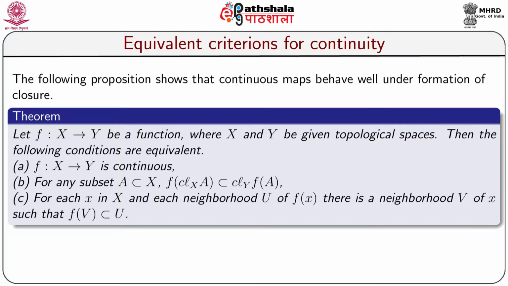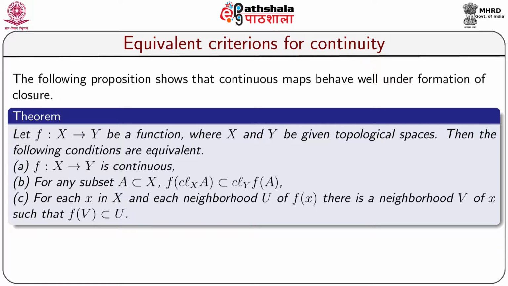Let us present some equivalent criteria for continuity. Theorem: let f from X to Y be a function where X and Y are given topological spaces, then the following conditions are equivalent. A: f from X to Y is continuous.